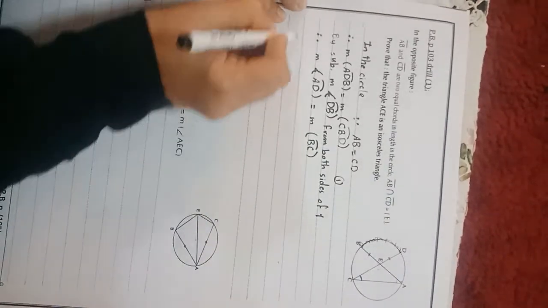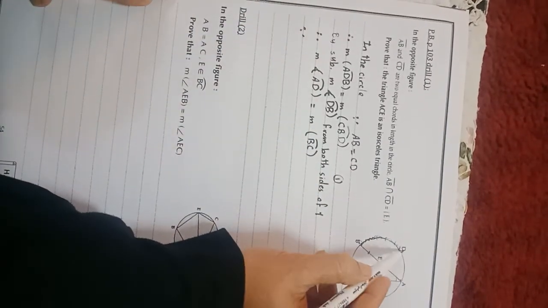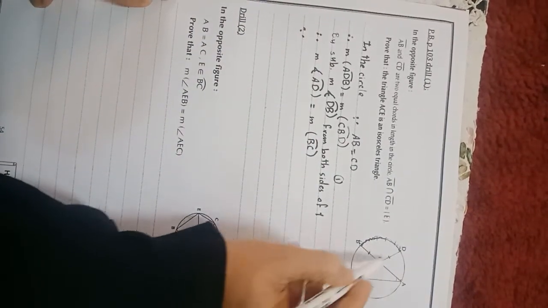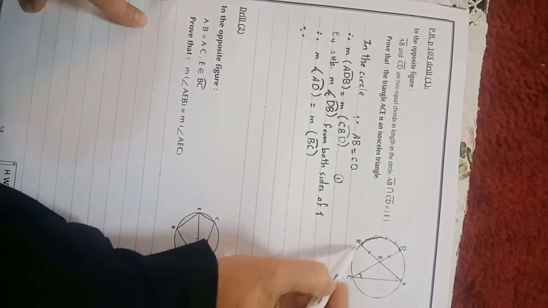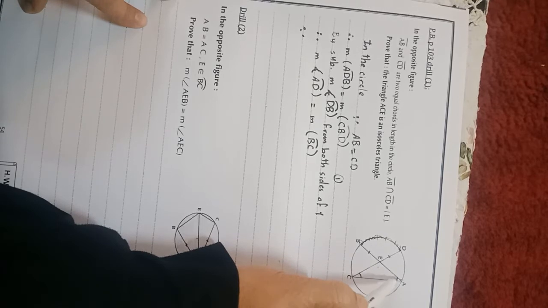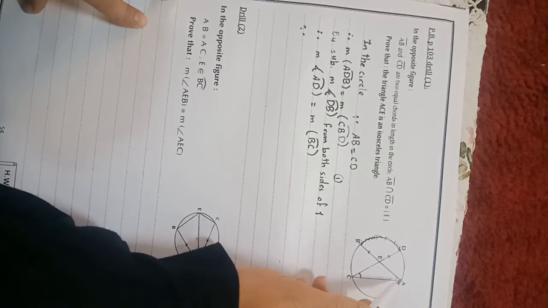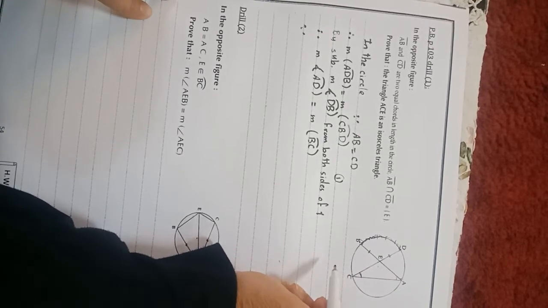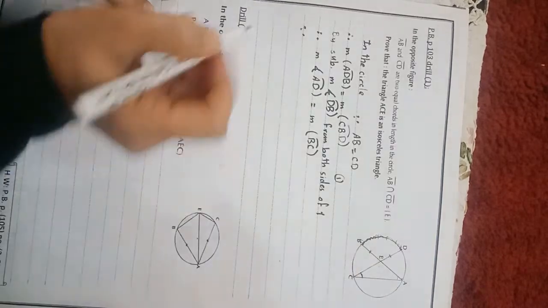Since arc AD subtends angle C and arc BC subtends angle A, and the two arcs are equal in measure, therefore the two angles are also equal in measure, therefore the triangle will be an isosceles triangle.